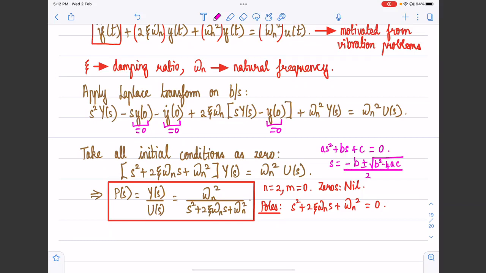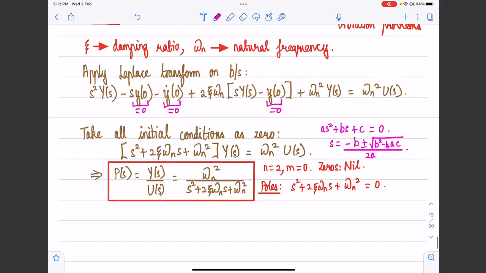That would be the solution of this particular second order equation. We use the same method. In this particular case, the coefficient a is 1, b is 2 zeta omega n, and c is omega n squared. So I just substitute.